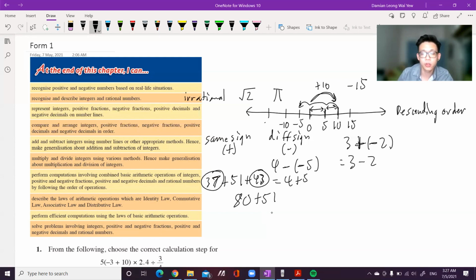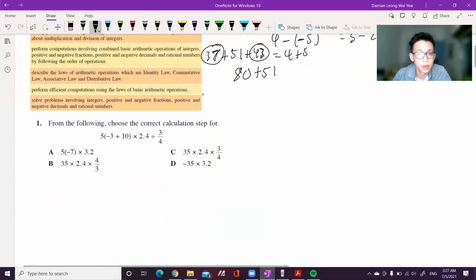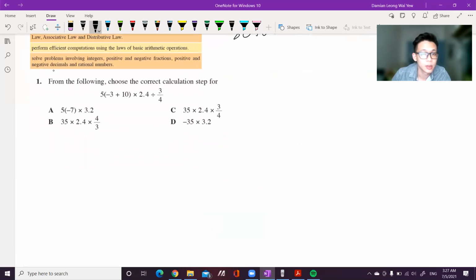And then of course we need to know how to interpret and solve problem-solving questions. Now let's look at some of the questions here. From the first one, choose the correct calculation steps for this. For this calculation, we have to make sure we follow the order of operations, BODMAS.